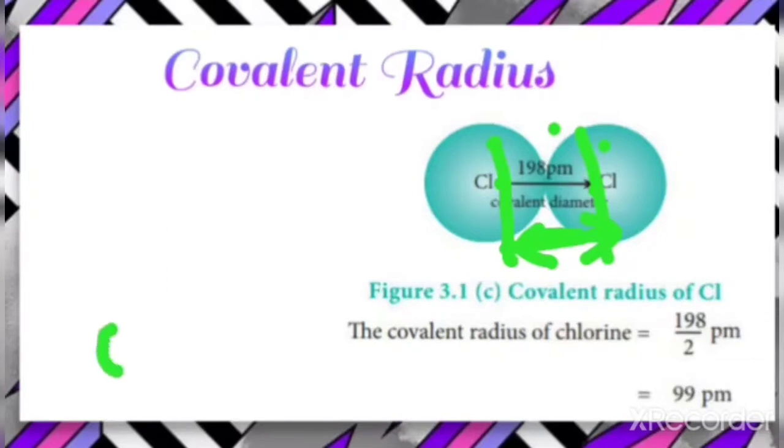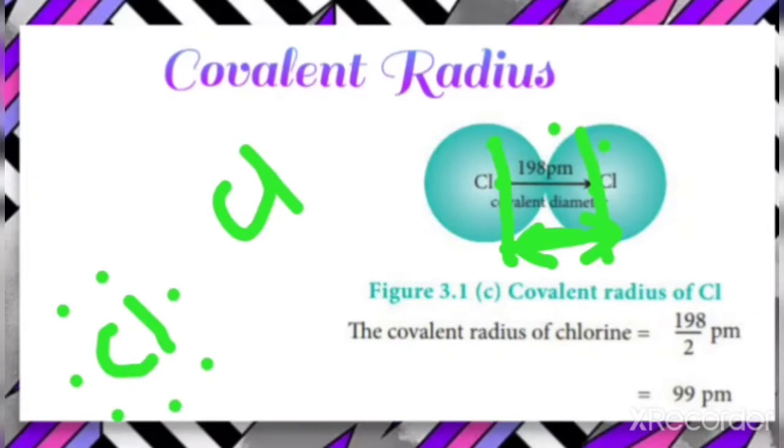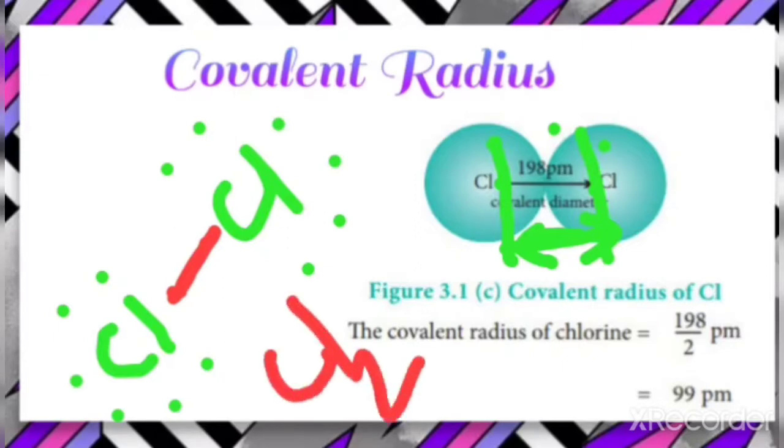You have learnt in the previous class that the chlorine atom has a total of 7 valence electrons. In order to get stable, an electron is shared between the two chlorine atoms, which results in the formation of the chlorine molecule. Therefore, a covalent bond is formed due to the sharing of electrons.